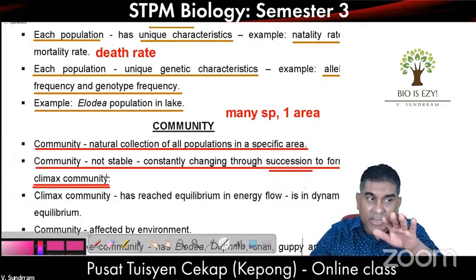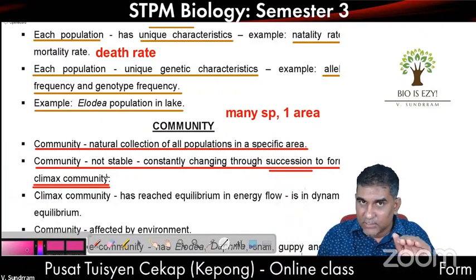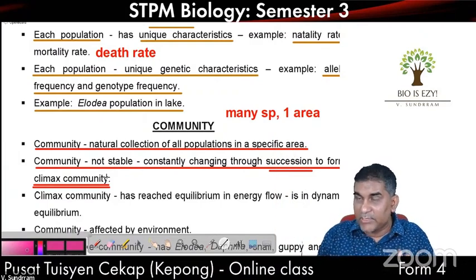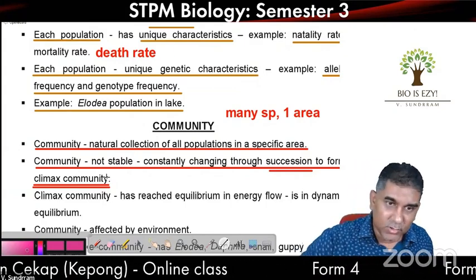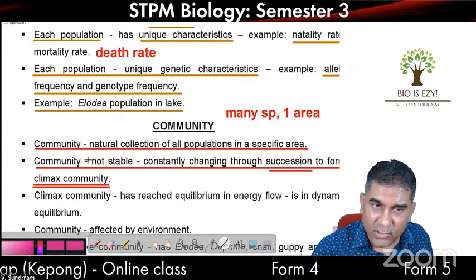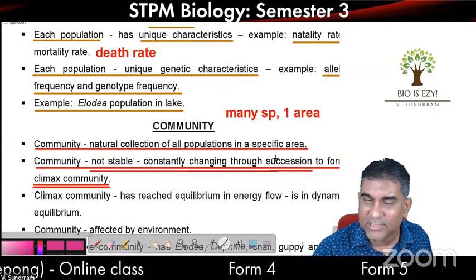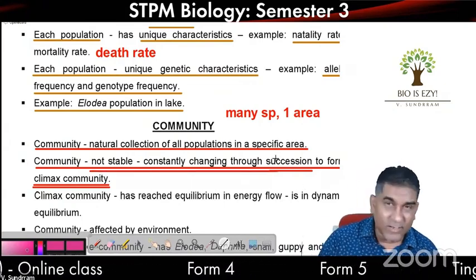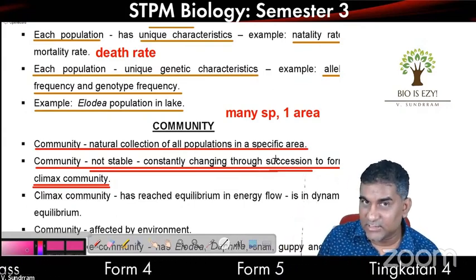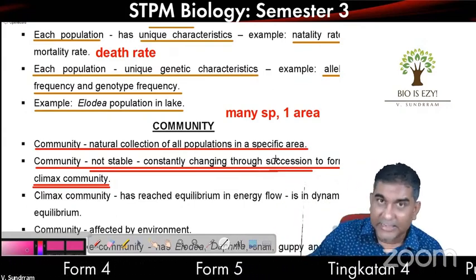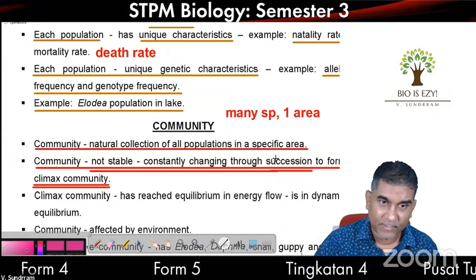So the environment is not constant. Because of that, the community also sometimes may become destroyed. So it's not stable. It's constantly changing through a process called succession. What is succession? What are the organisms involved in succession? We'll cover it in a later part of the same chapter.